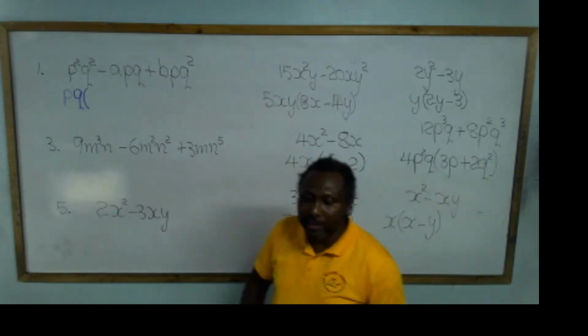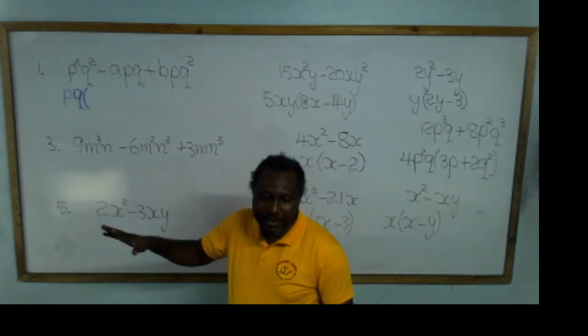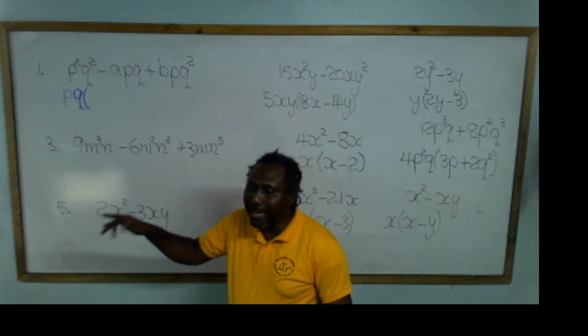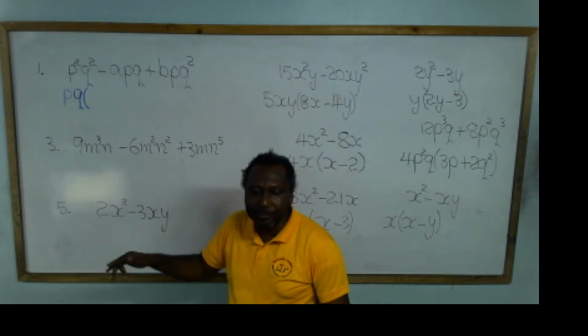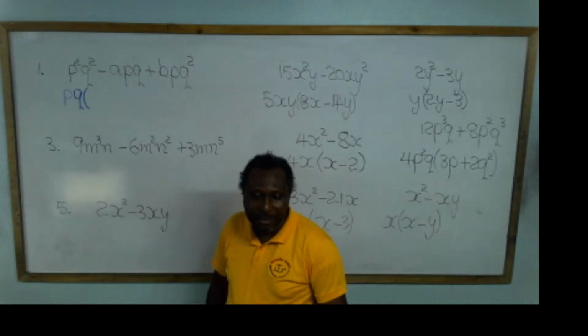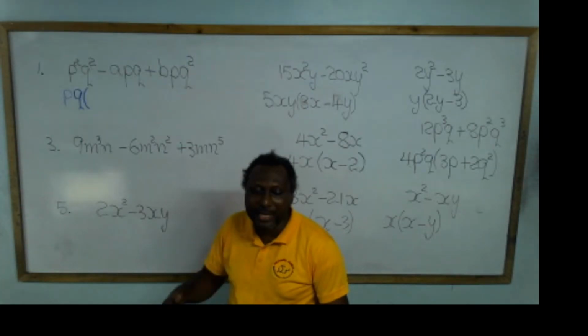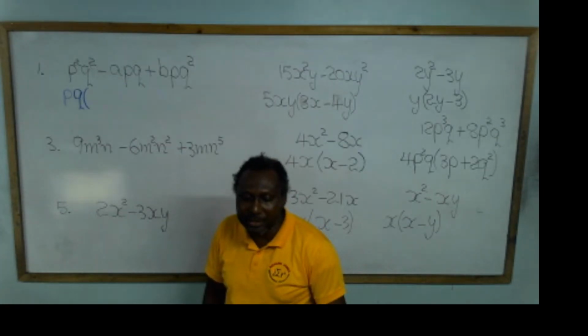Now, as I said before, when we are factorizing, we need to take the highest common factor and divide each of the terms by the highest common factor. But now I'm going to take a multiplication approach rather than a division approach to the problem. Let's go, students. Help me with this one.